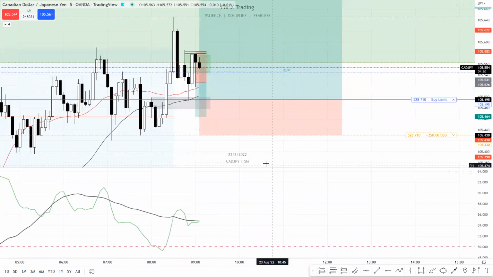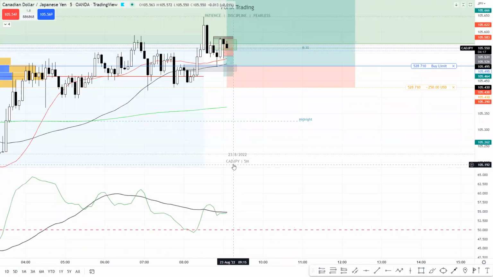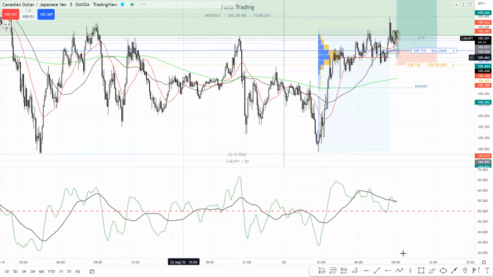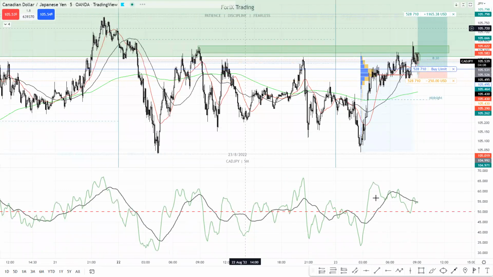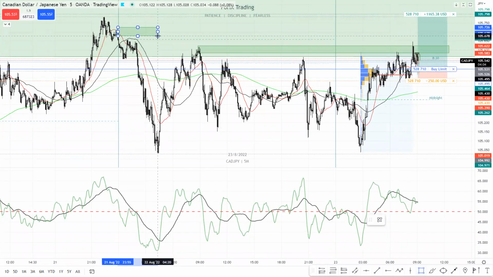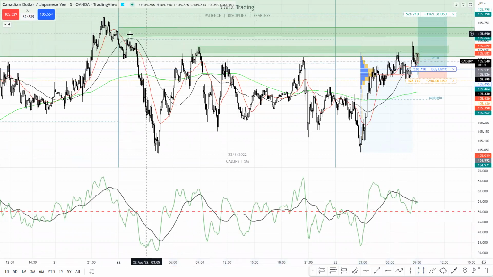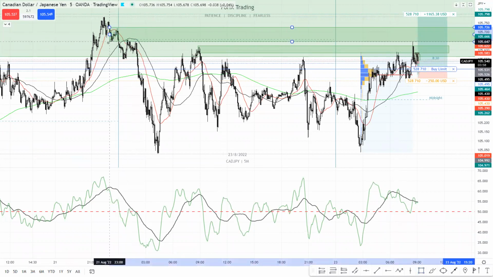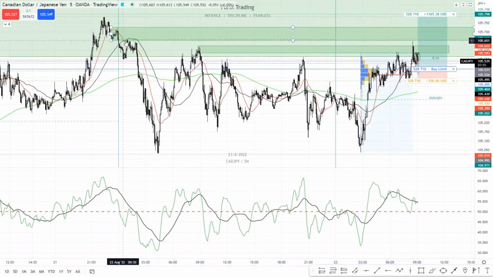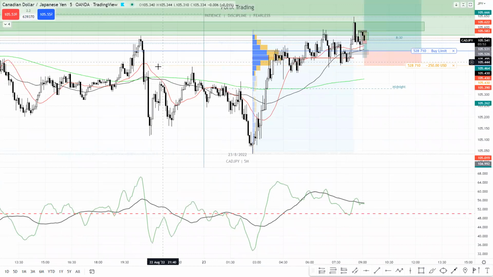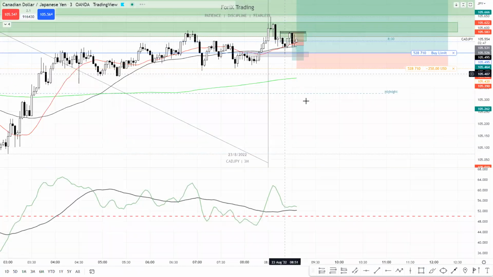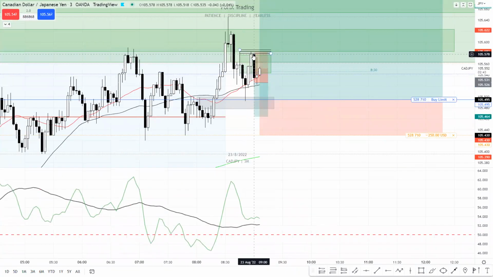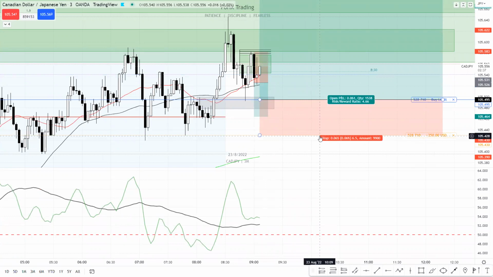I mean, it's a little bearish. So we did liquidate down. That was a move down lower.